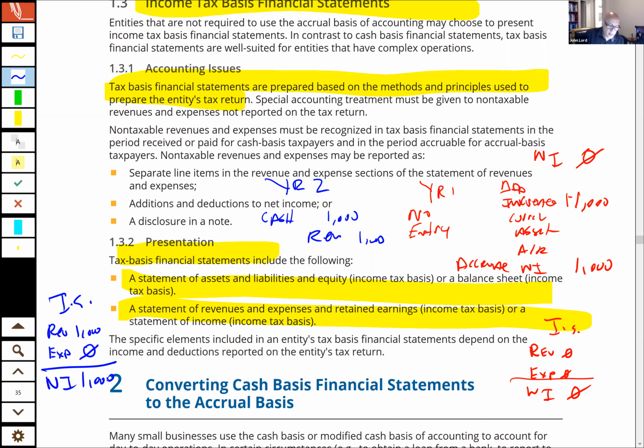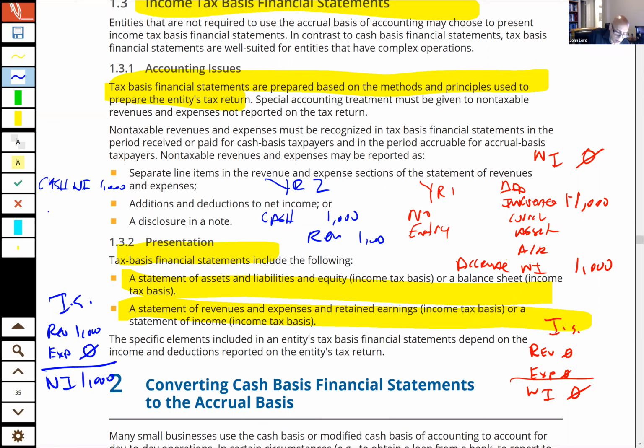If I want to turn that into accrual, I would do what? Again, start with my cash net income, which in this example was 1,000. And then I would look at my current assets other than cash, account receivable, and what happened? My account receivable would have gone down, right? It was 1,000, but now it's 0, because the person paid me.